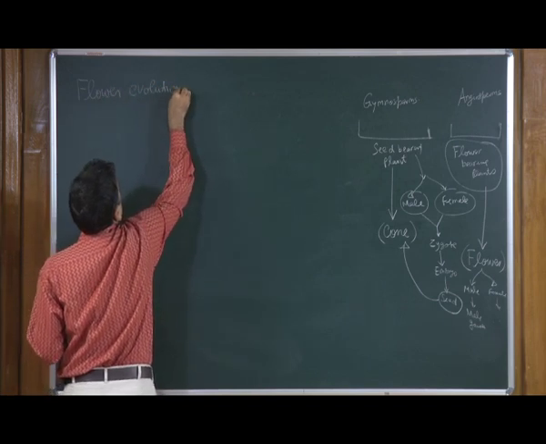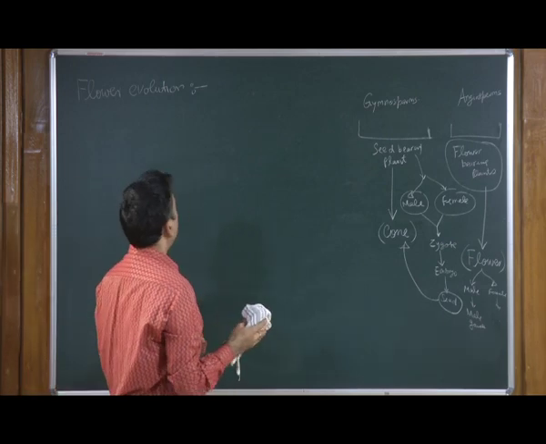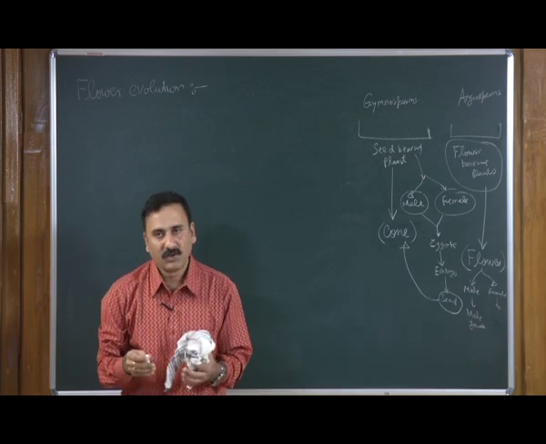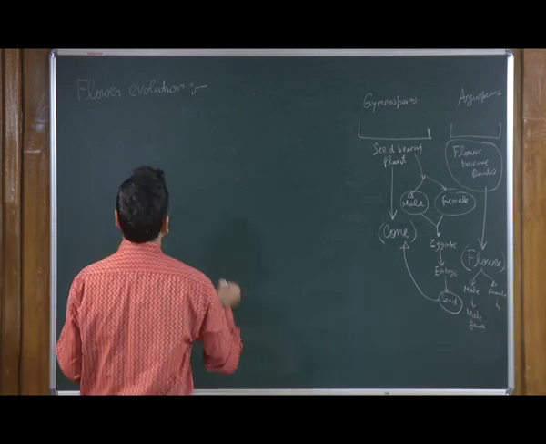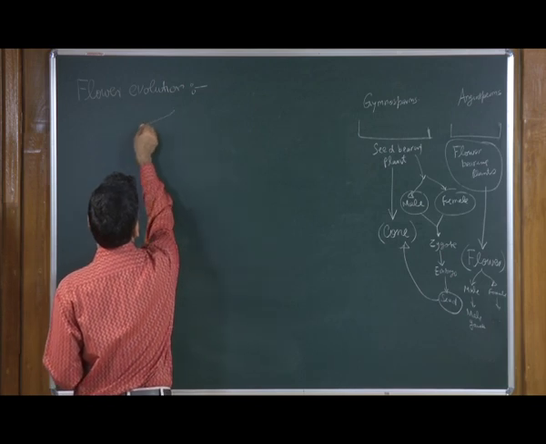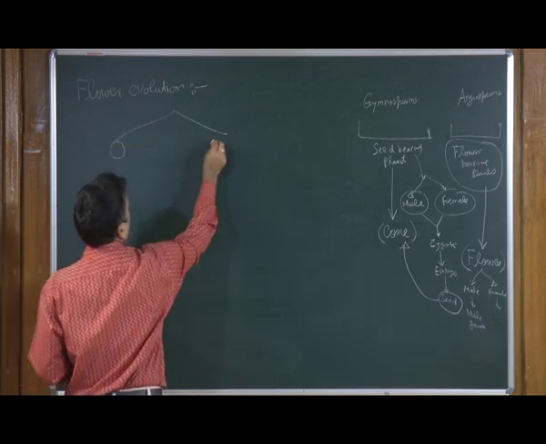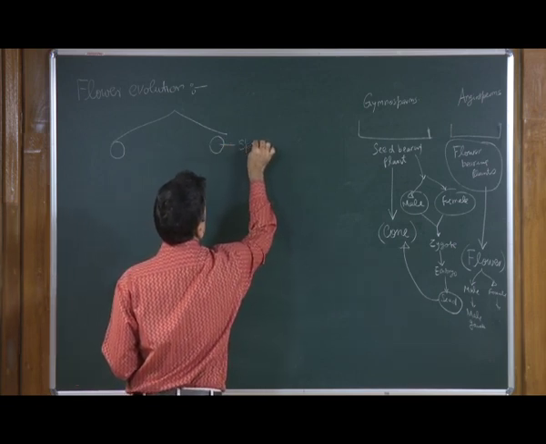So, this is just a hypothetical scheme which has never been proved by experiments. In this hypothetical scheme, what people have proposed is that earlier, the sporangia were present on the leaves itself.